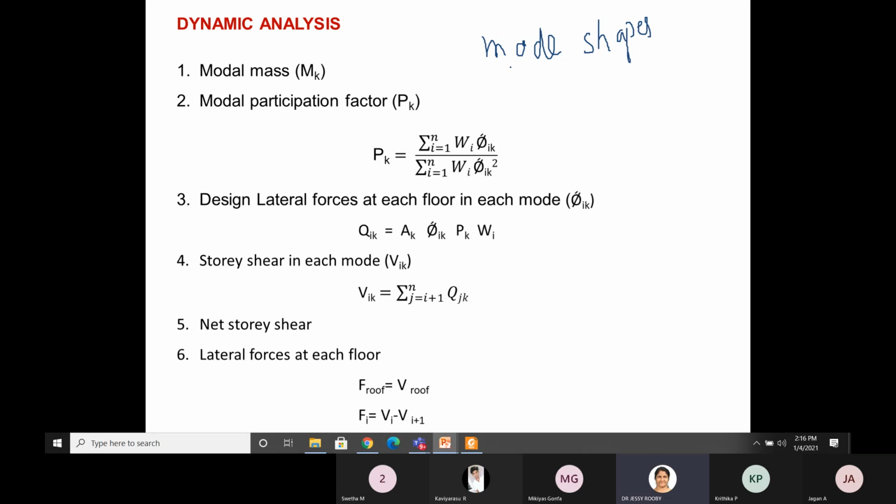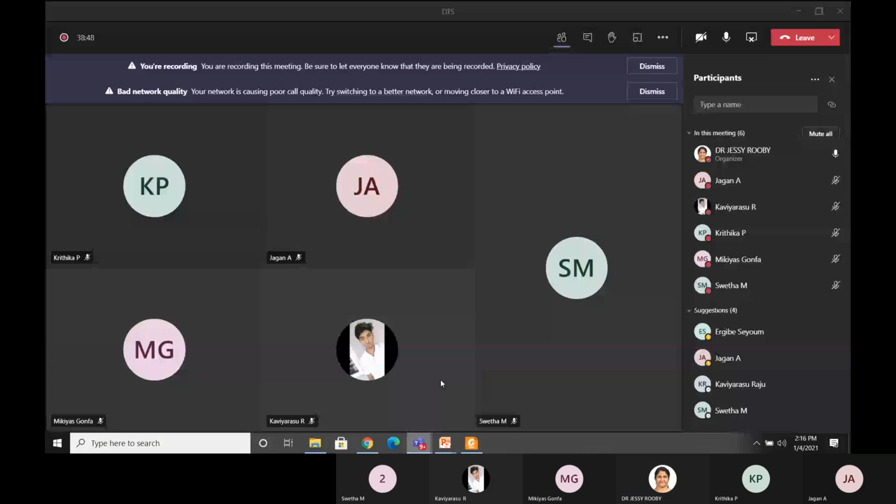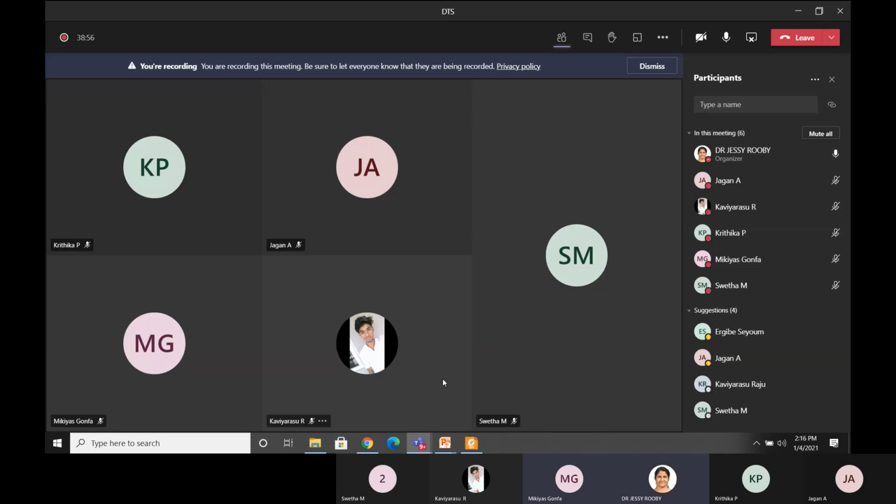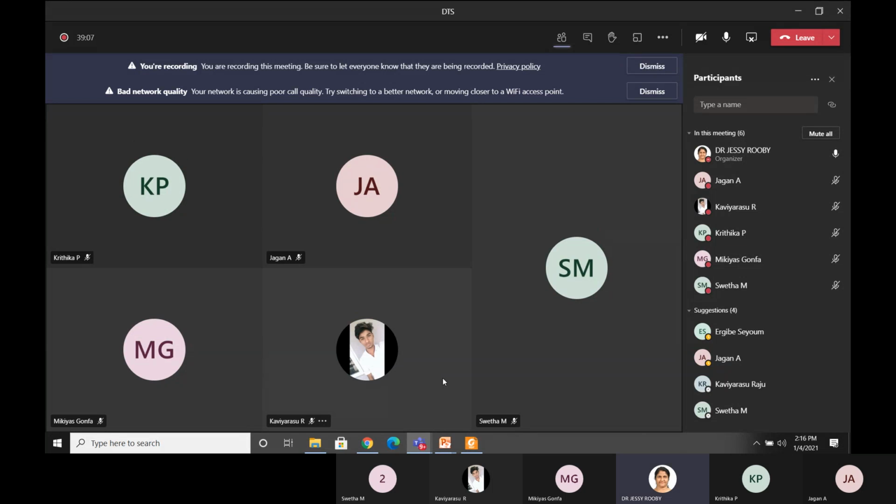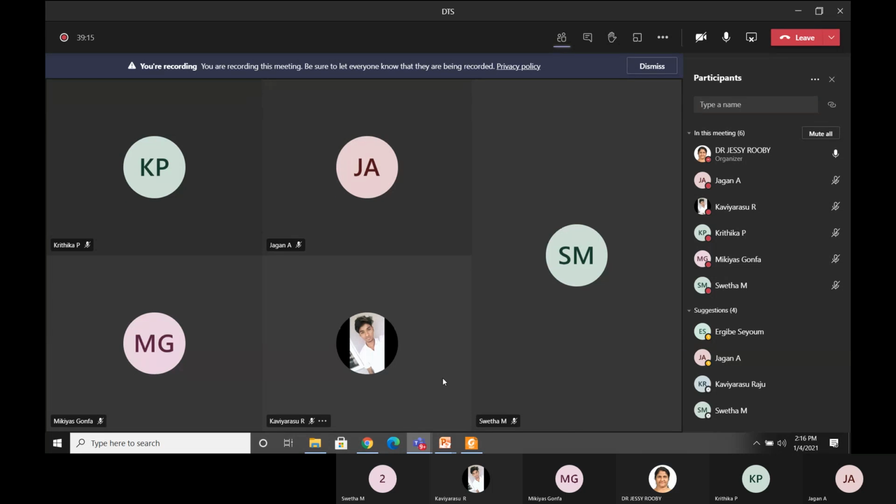All of you must have learned dynamics, isn't it? I think Mickey has learned construction management, so he must be finding it difficult. All others must have learned it, isn't it? Yes, ma'am.